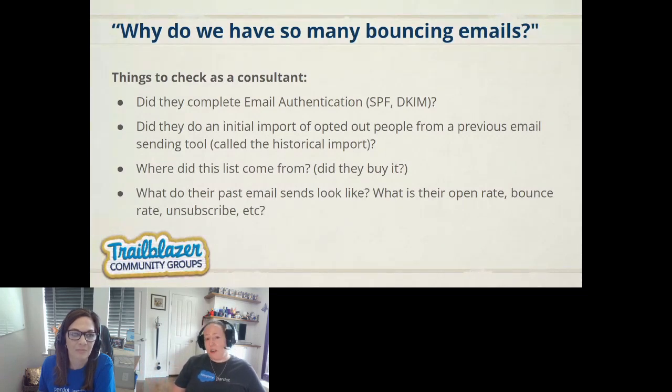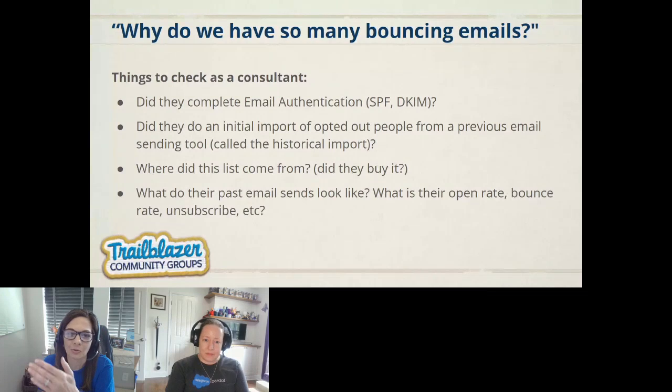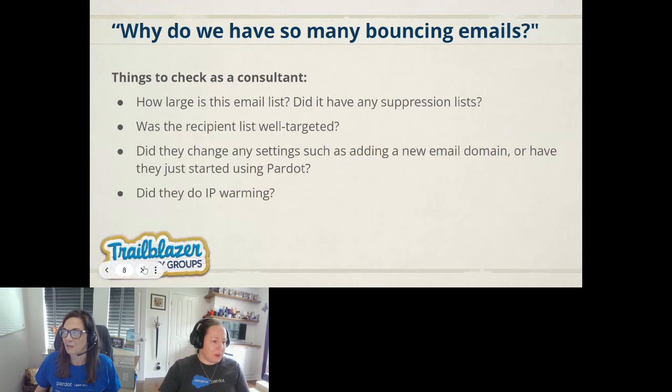But that creates a prospect record in Pardot, and they can get dumped into recipient lists automatically. And if you're not cleaning up those prospects in Pardot, then they're also bogging down your system. But that's not a bouncing email thing. So let's do what we have next.